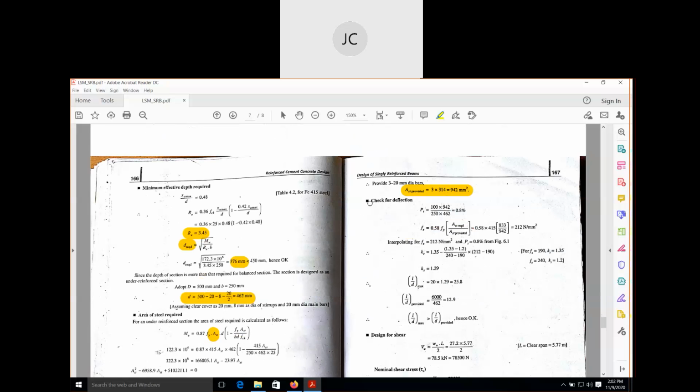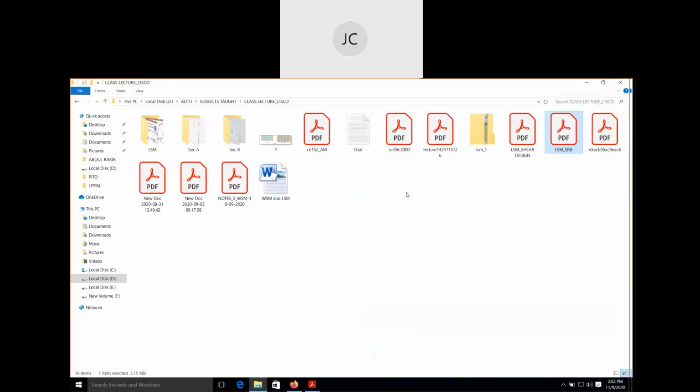Now all of you open the IS 456 because for finding out this deflection you need IS 456. Let me open IS 456 also.